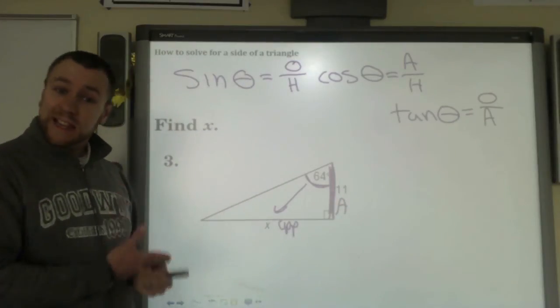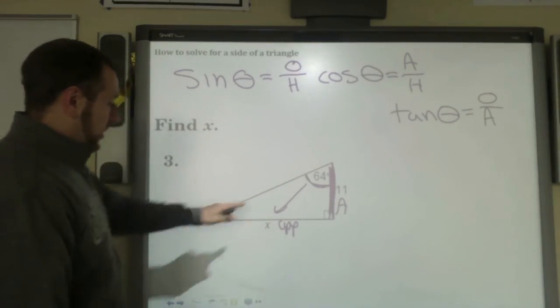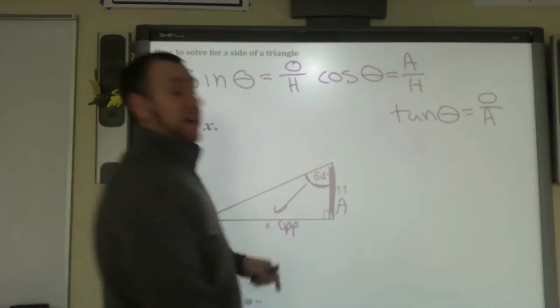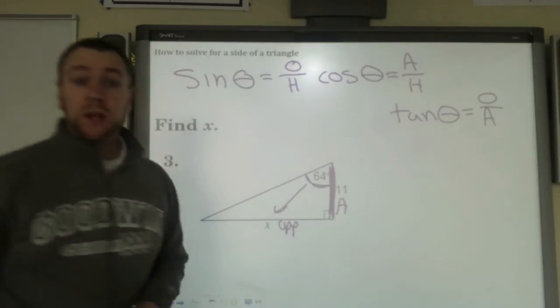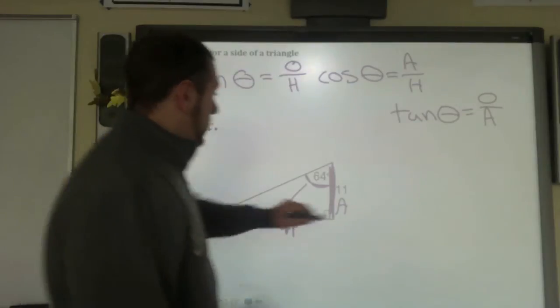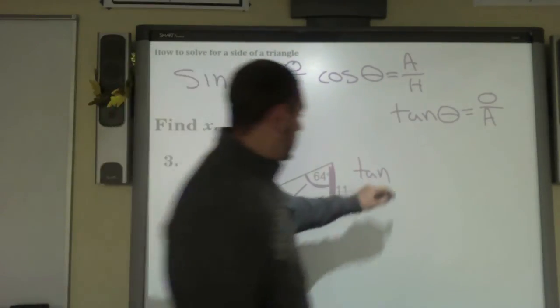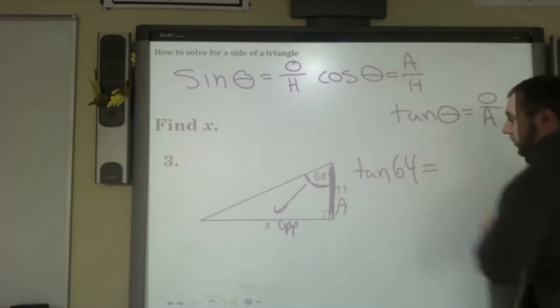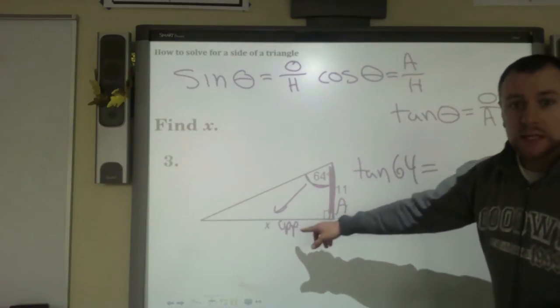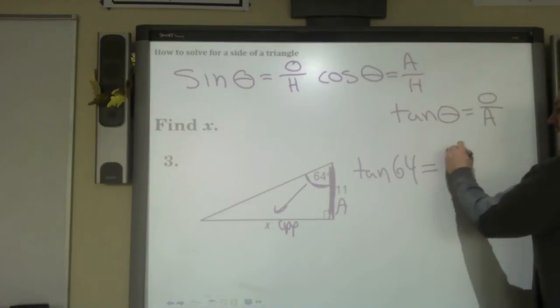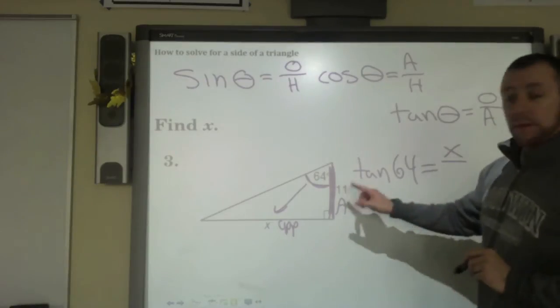So opposite, adjacent, I'm going to use my tangent function. So I'm going to say the tangent of that angle, that's 64, equals my opposite side, my x, over my adjacent side, the 11.